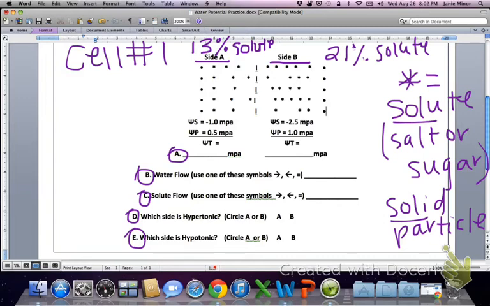And it says that water potential is psi S for solute plus psi P for pressure. All you have to do with these two numbers is simply add them. You'll do the same thing on side B, but let's take care of side A first.